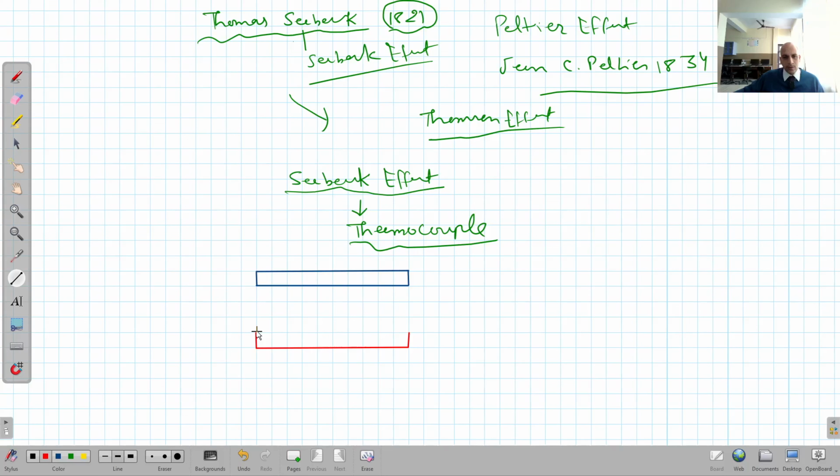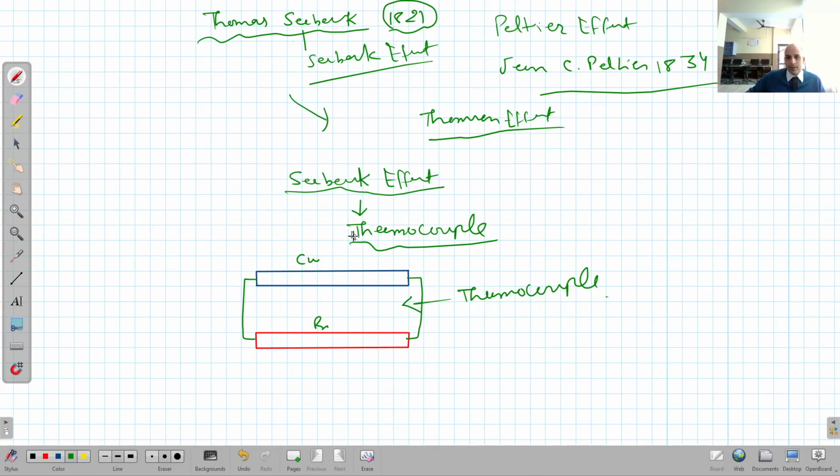These are two different metals that I have. Now I am going to join the ends of these two metals. This is copper and this is bismuth. If I join the ends of these two metals, this entire arrangement is called a thermocouple.